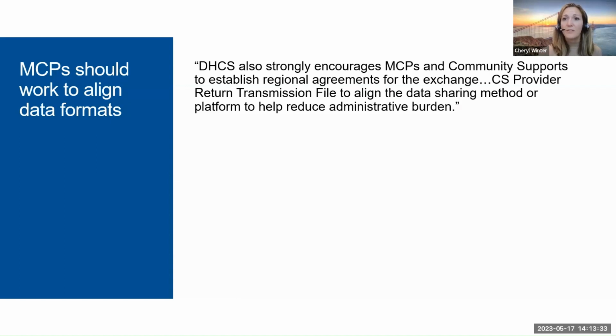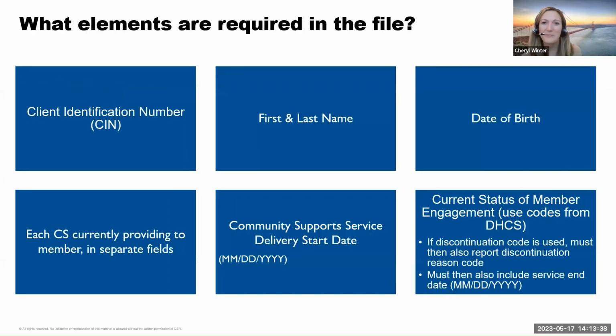I want to go through the elements that are required in the file. So it's fewer elements than the managed care plans are required to send to you, so that's good news. And some of it is the same data that the managed care plan sends to you, you'll send back. Okay, so the client identification number, the first and last name of the client, the community supports that you are providing, the start date of those community supports, and then the current status of member engagement.